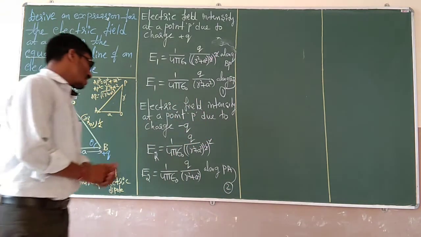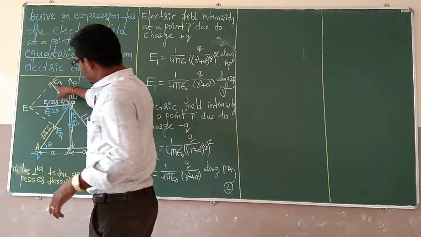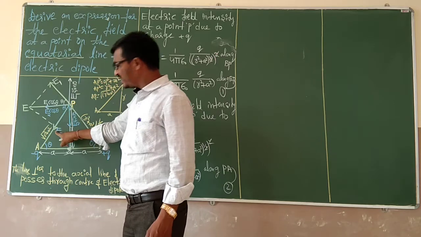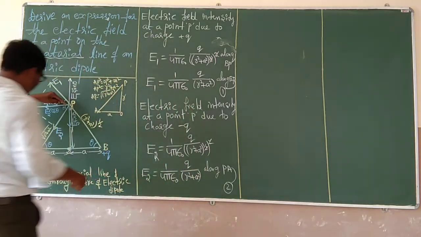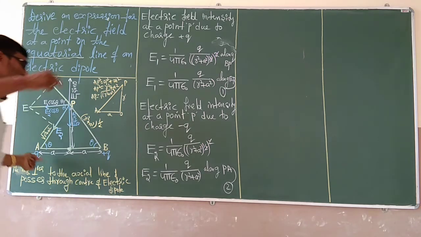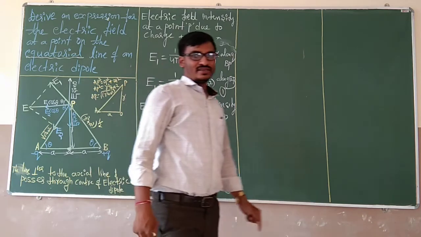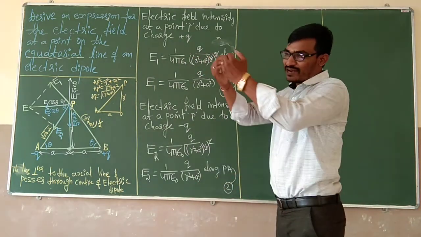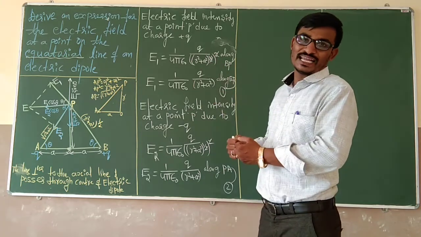Dear students, here you have to concentrate. This is electric field E1, and this is electric field E2. This is in the direction of PA, because here we have a negative charge. Electric field lines are always moving towards the negative charge. For a negative charge, electric field lines always move radially inward towards the negative charge.